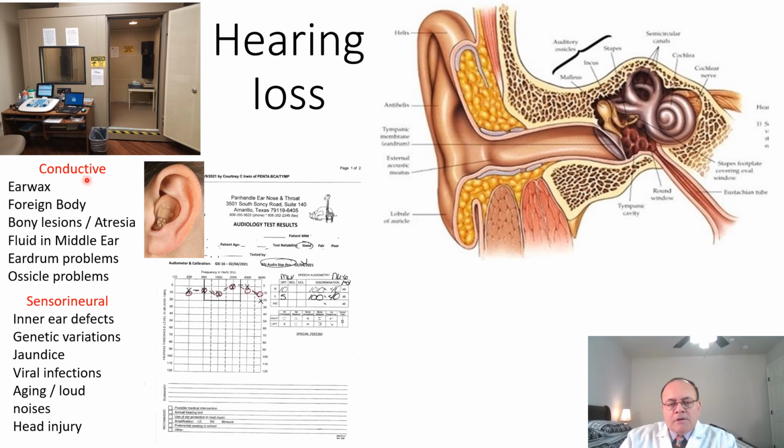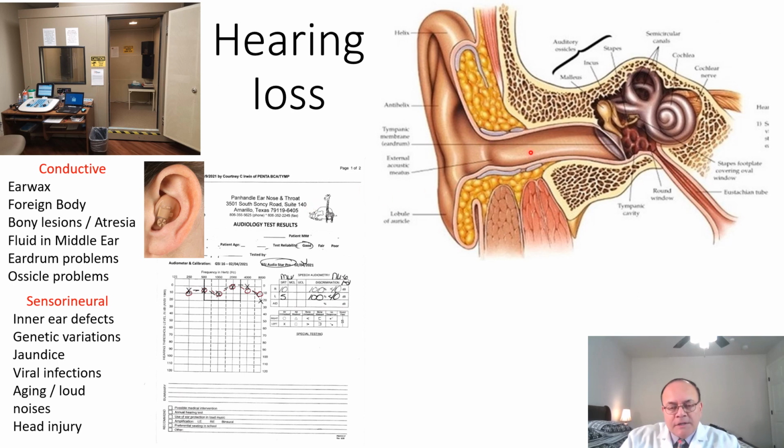Now, conductive hearing loss is experienced when the conduction of the sound waves down the ear canal to vibrate the drum to make the ossicles move is impeded in some way. See, there are three tiny bones here called ossicles, and they actually magnify the sound reaching the drum 30 times together.